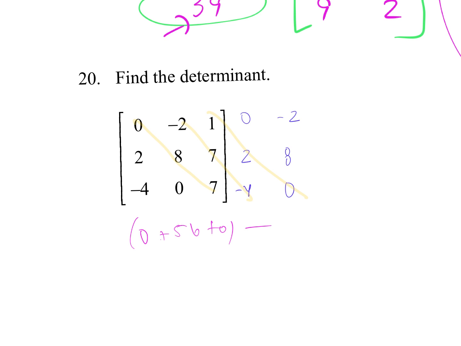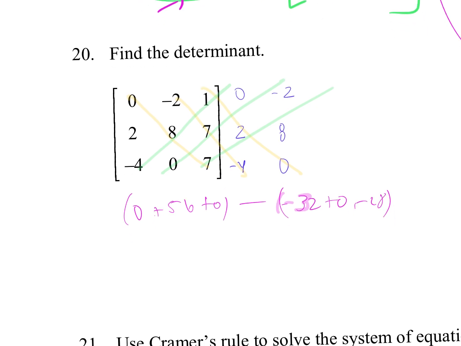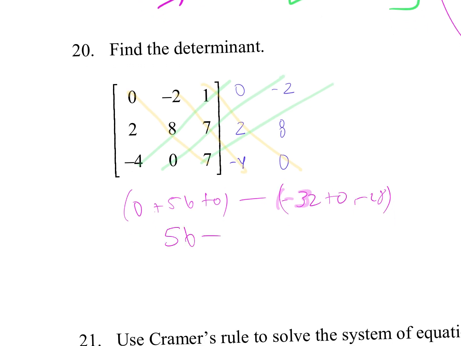Minus, go the other way. What's negative 4 times 8 times 1? It's going to be negative 32, right? 0 times 7 times 0 is 0. And then 7 times negative 4, negative 28. So you have 56 minus, what's negative 32 and a negative 28? 32 and 28 is 60.